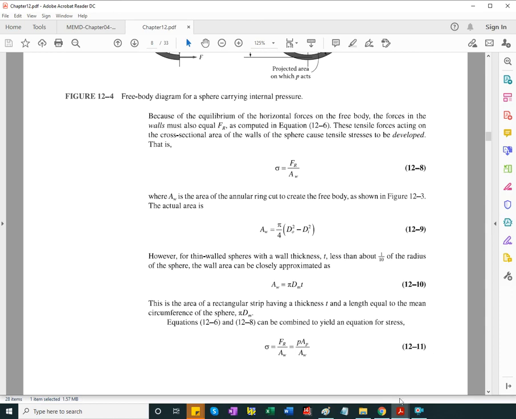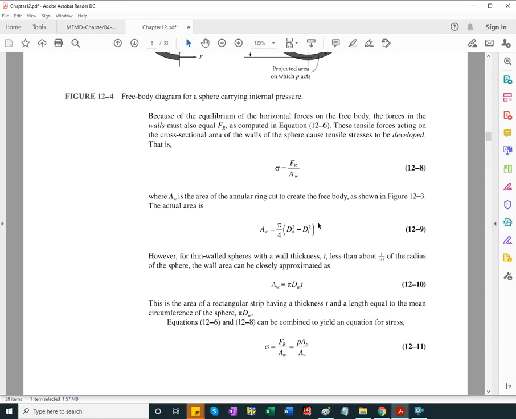Okay, so it says here for thin wall, but no, this equation is true for any thin wall or thick wall cylinder. It will be pi over 4, then outer diameter minus inner diameter times outer diameter plus inner diameter.